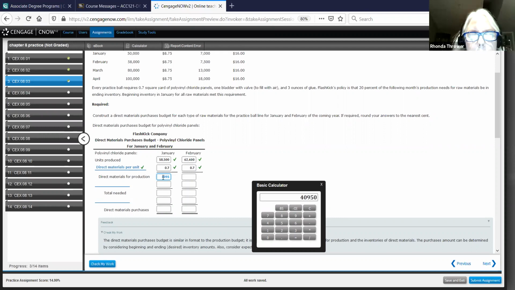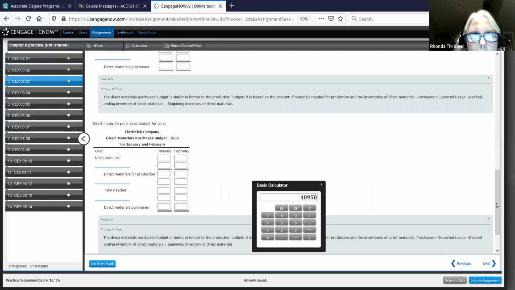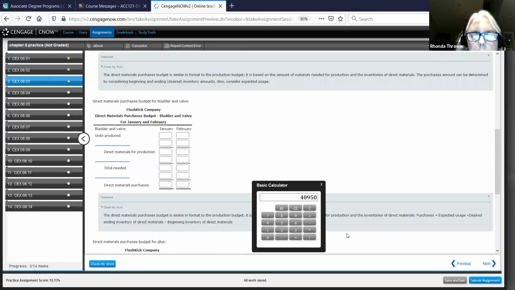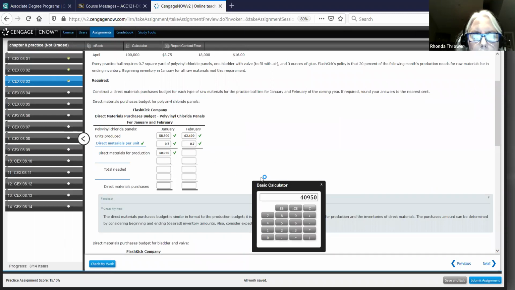And that will give you 40,950. And then we're going to take for February the number of units produced, which is 62,400. And we're going to multiply that by 0.70 of a yard.